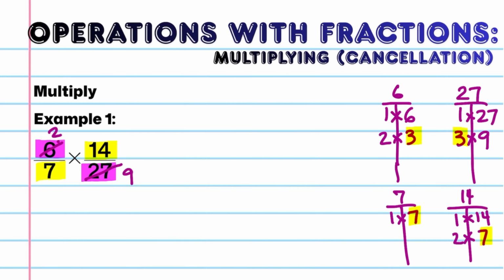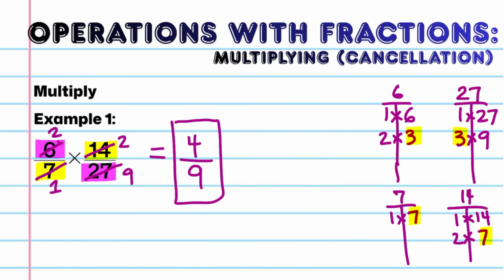So I'm going to divide 7 into 7 and then 7 into 14. When I do that, my 7 becomes a 1 because 7 divided by 7 is 1, and my 14 becomes a 2. So now this is easier to multiply straight across because we don't have to simplify later. So 2 times 2 gives me 4, and then 1 times 9 gives me 9. So my answer is 4/9.